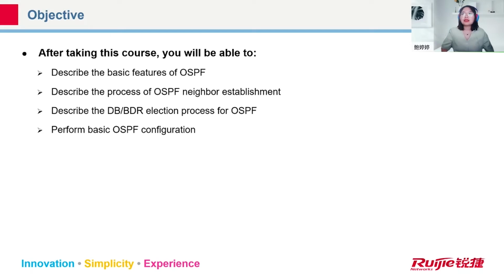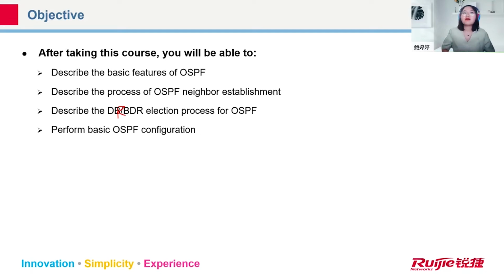In this process, if your network is a broadcast type, we have to select special roles: one called DR and another called BDR. Sorry, there was a mistake. We have to select one DR and one BDR, and with them we will establish a special relationship called adjacency.